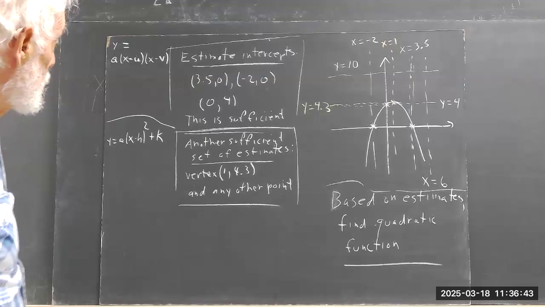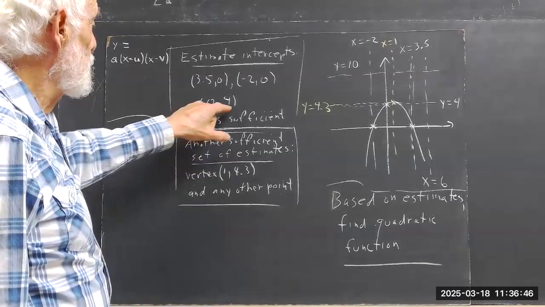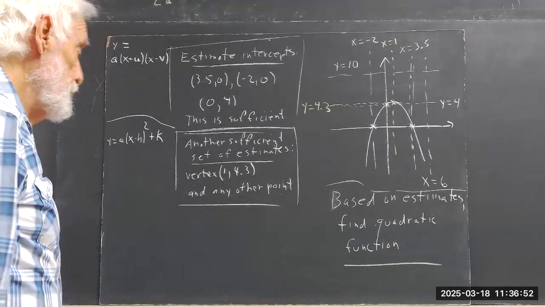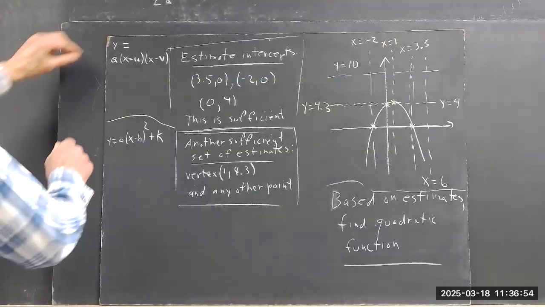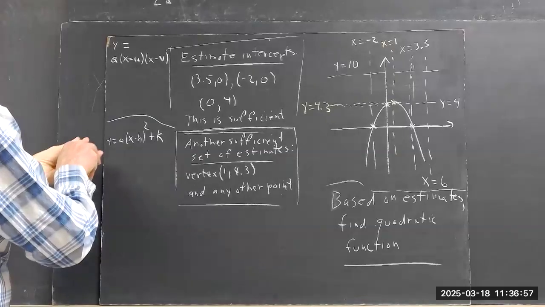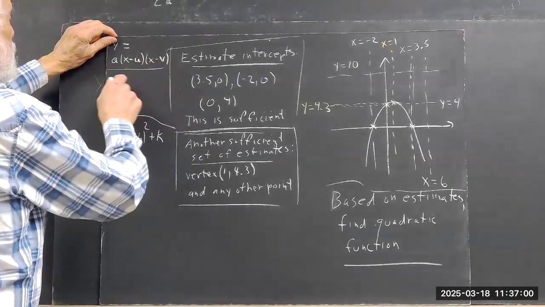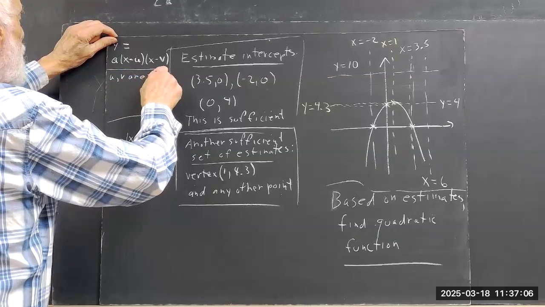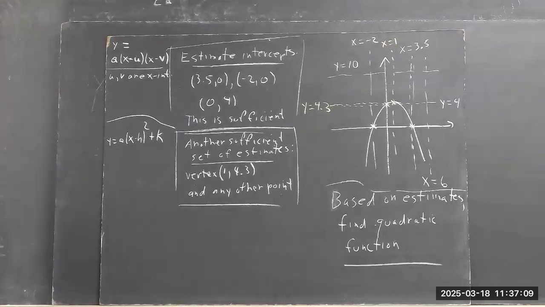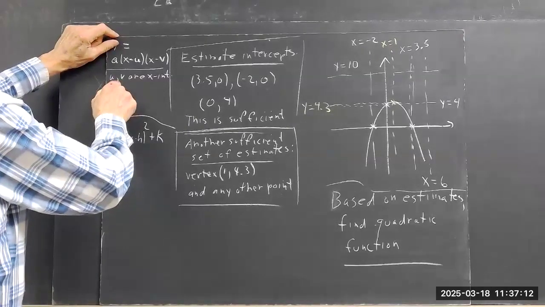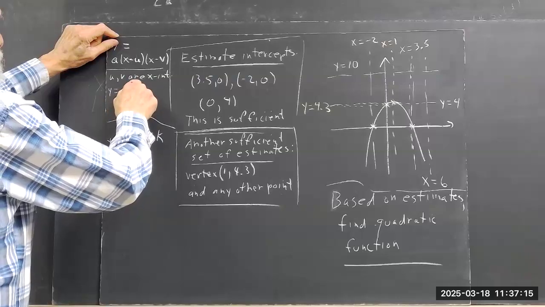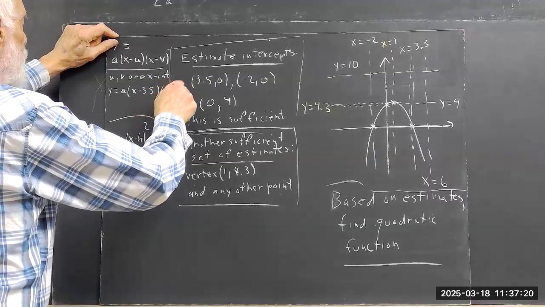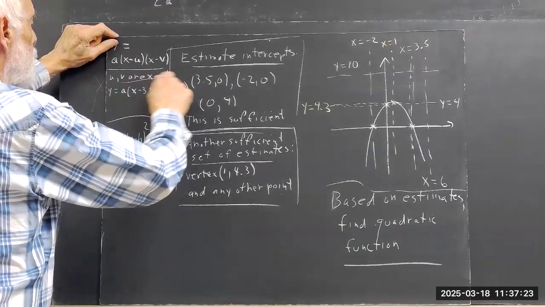And then we know that when x equals 0, y is 4. Okay. So we can quickly note that u and v are the x-intercepts, so that y equals a times x minus 3.5 times x minus -2.